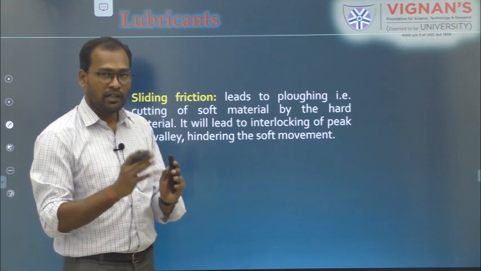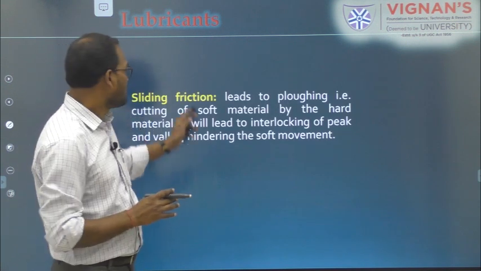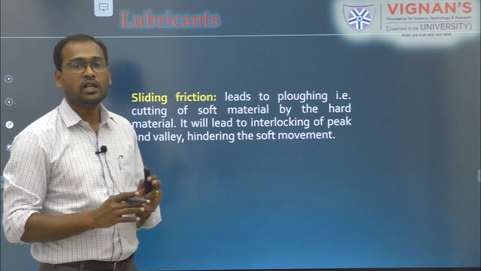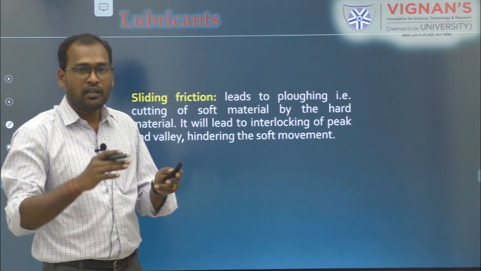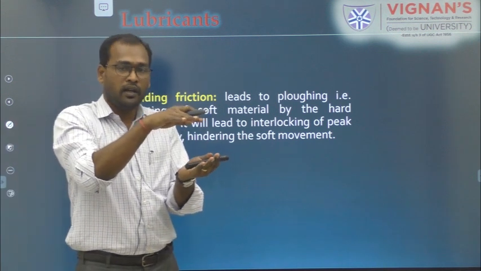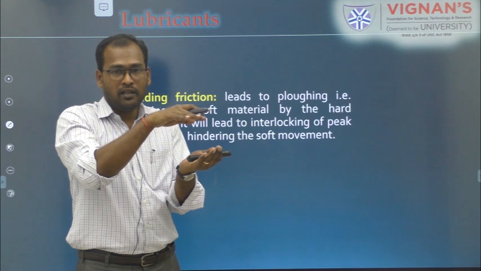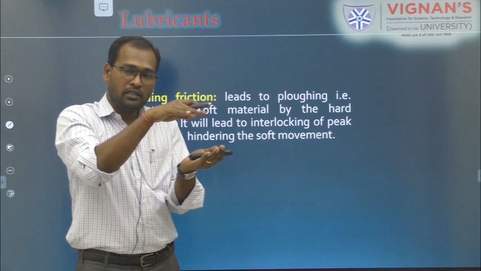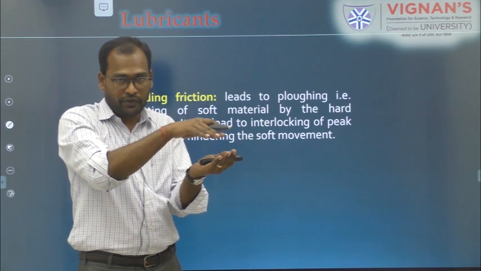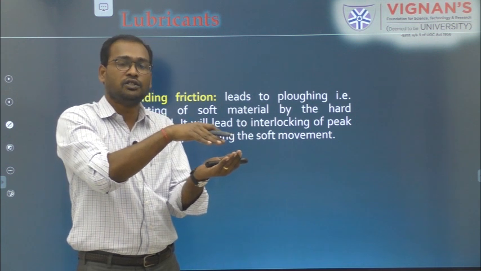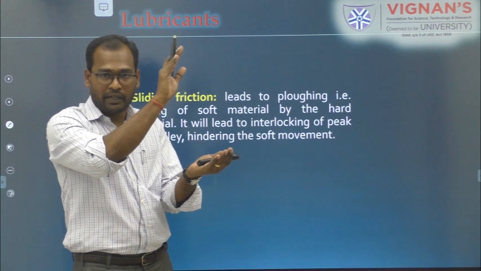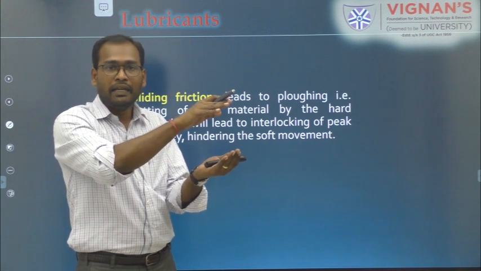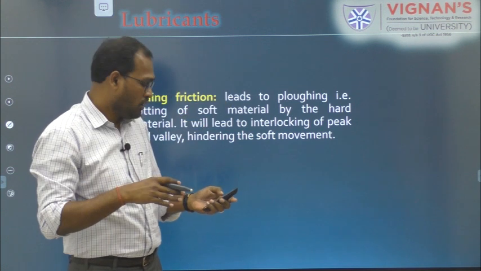This friction can be classified into two. One is sliding friction and the other one is rolling friction, right? So sliding friction is nothing but when the two materials are there, I said asperities and valleys, right? And these asperities might hit a soft surface, and once it is hitting the soft surface, this asperity can remove part of the soft material, and thereby it will make some imperfection on the surface, right?